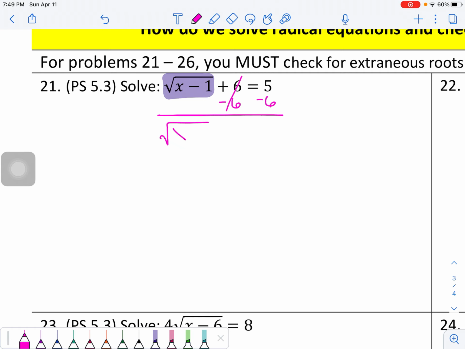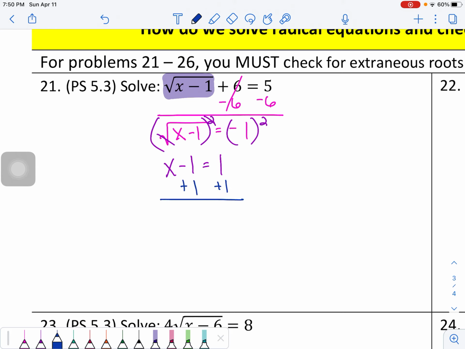So we've got the square root of x minus 1 is equal to -1. I now want to get rid of the square root, so I'm going to do that by squaring both sides. So square and square root cancel. X minus 1 is equal to -1 squared, which is 1. I still want to solve for x, so I'm going to add 1 to both sides. So I'm going to get x is equal to 2.